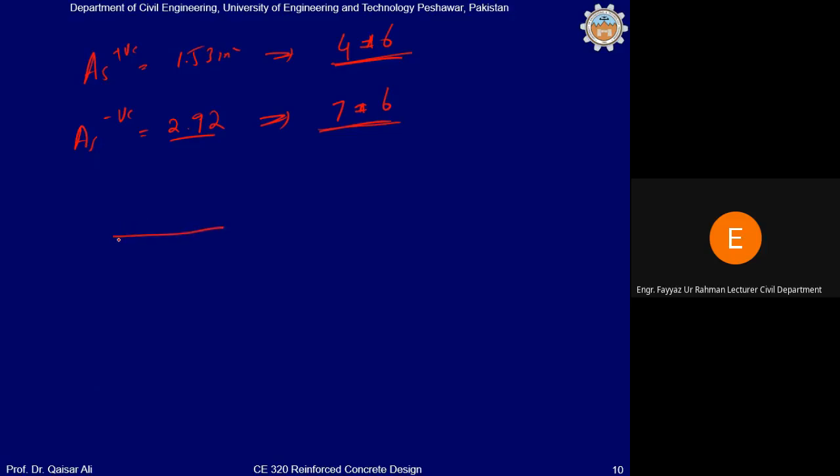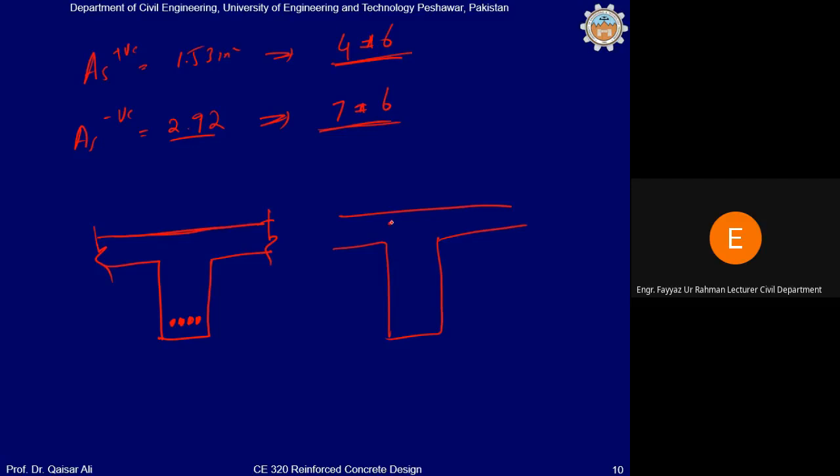So if we draw the sections of 4 bars are required in the bottom. And 7 bars are required in the top. So we can provide 5 bars in the first layer and 2 bars in the second layer.